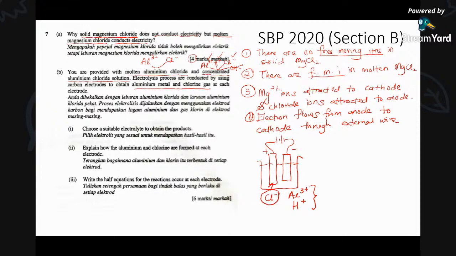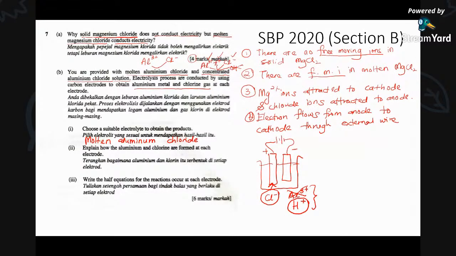Now for the positive ion, you have to follow ECS. Al3+ is up, H+ is at the bottom. So H+ will be selectively discharged. So this will not be a suitable electrolyte to obtain the aluminium metal and chlorine gas. So the suitable electrolyte will be molten aluminium chloride.